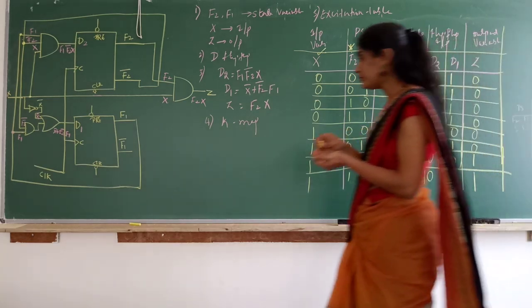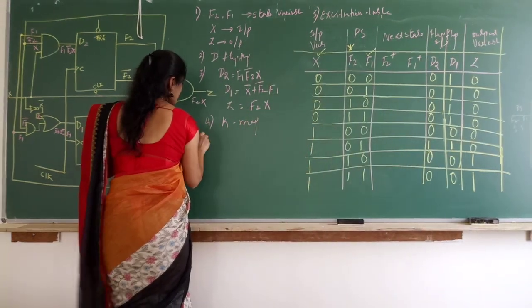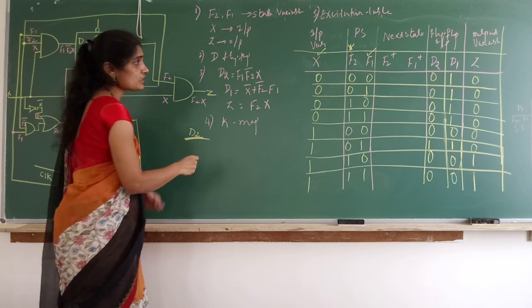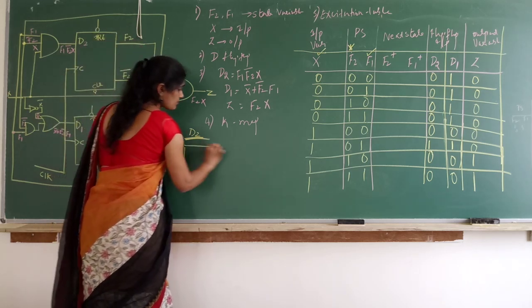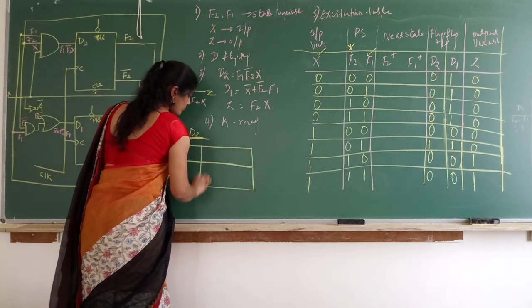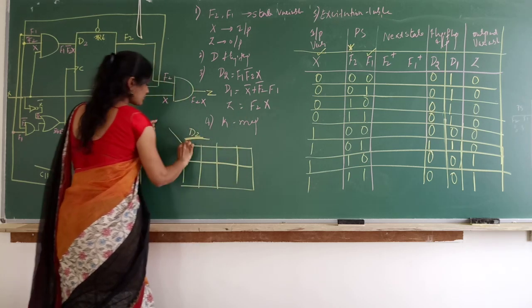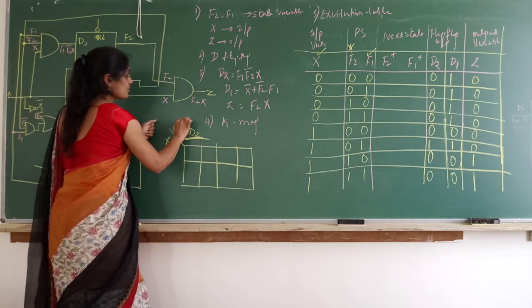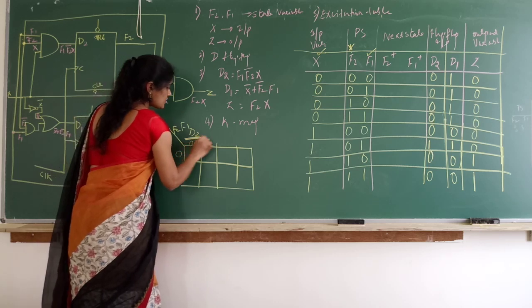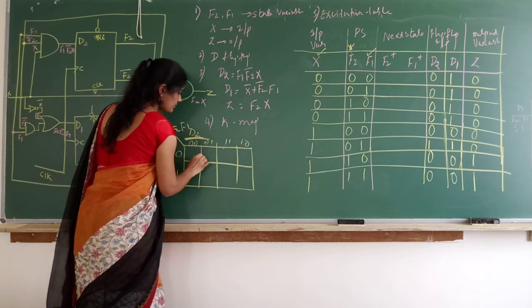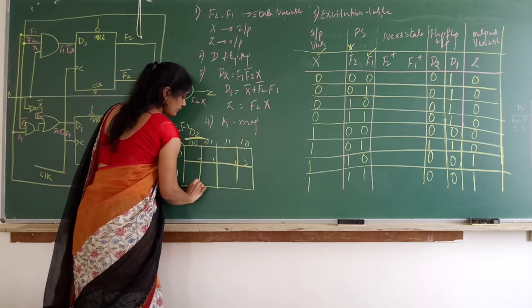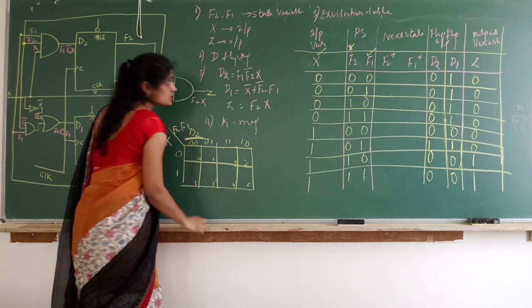How do you write the K-map for D2? I will show you one K-map, and similarly you can write the others. D2 is a 3-variable K-map. First we have taken X, then F2, F1, with the cells numbered 0 to 7.